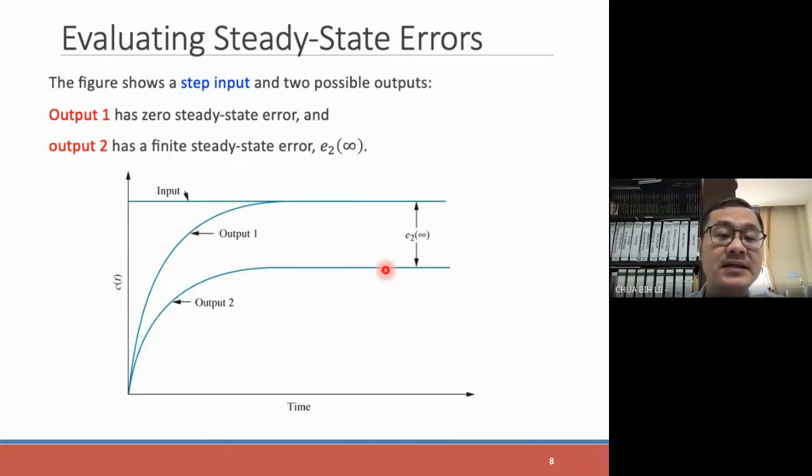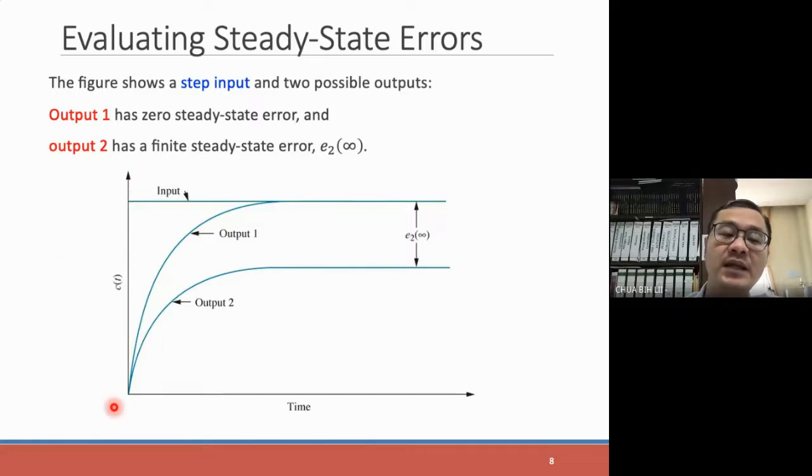Here is a figure that shows the step input and two possible outputs. When we put a step input, starting from 0 seconds, we hope that the output will reach the same value as the input that we desire. For example, in the earlier example, 90 degrees for our set temperature.